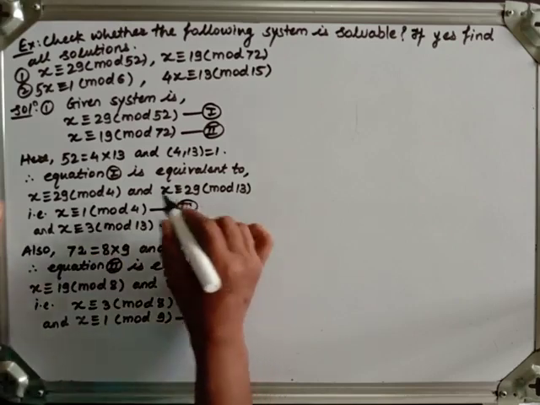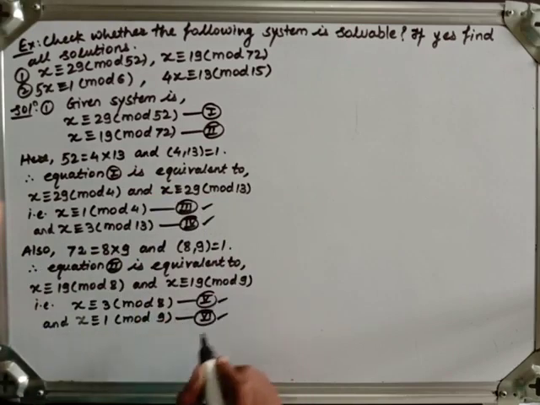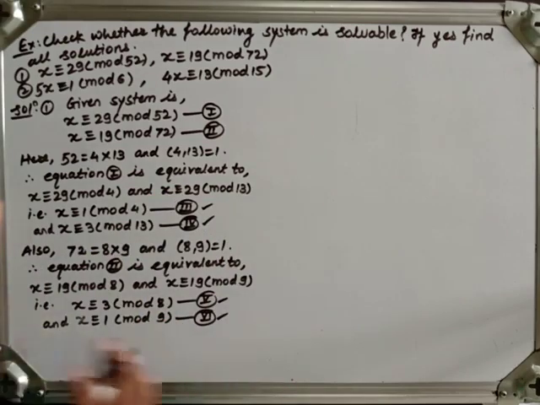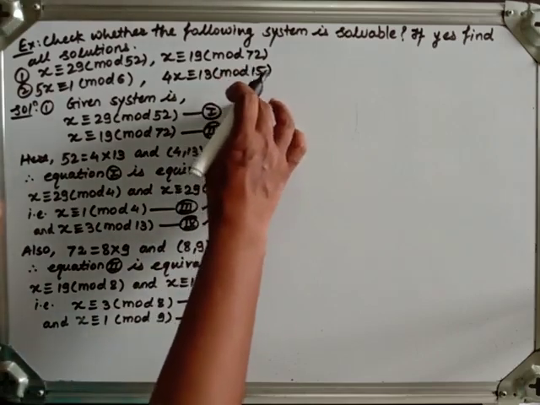Now from 1 we get 3 and 4, and from 2 we get 5 and 6. Let's take them together; that will be nothing but our given system.